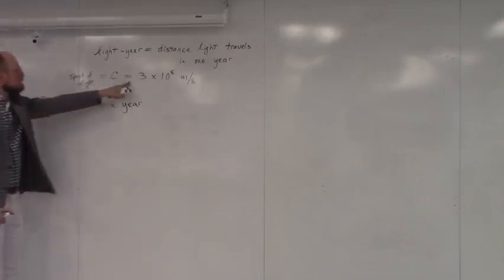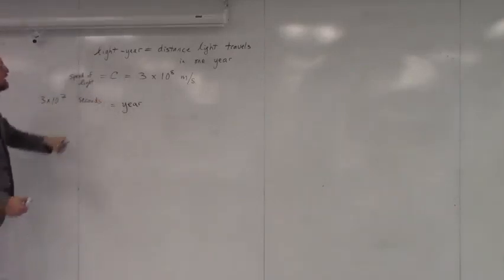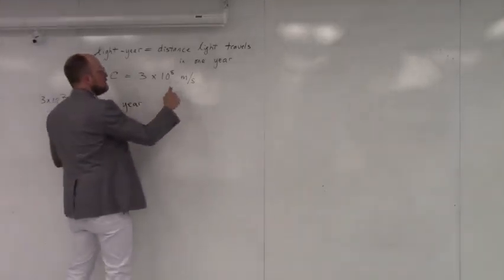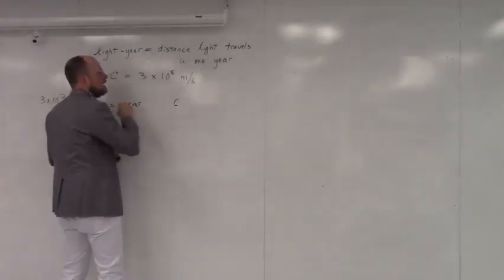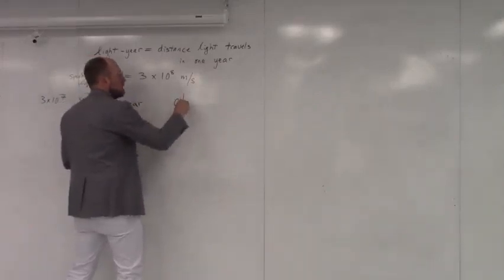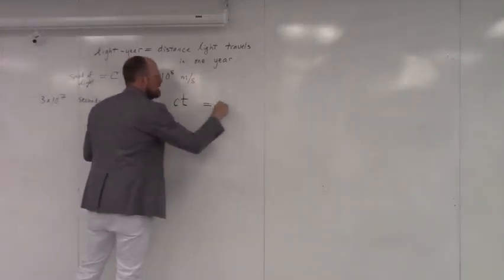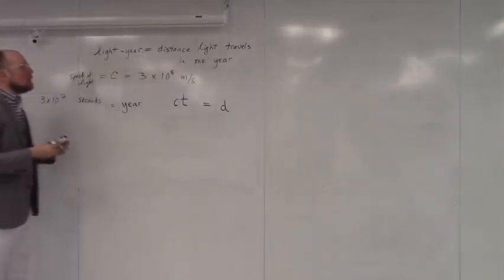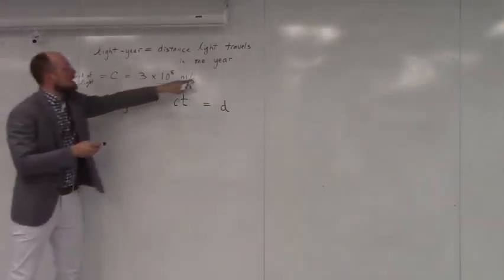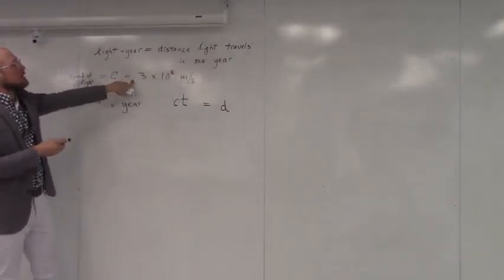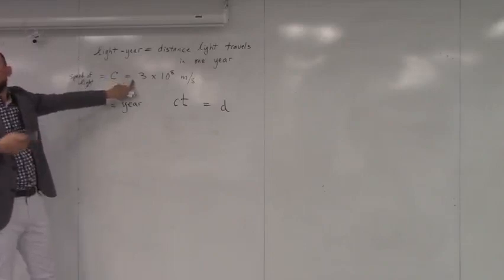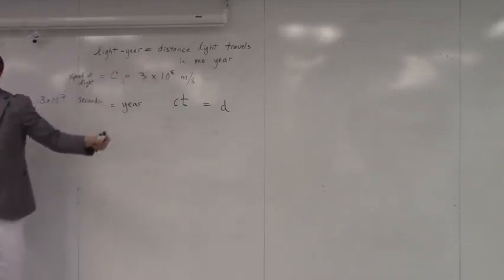If I know the speed of light and how long a year is, and I want to know the light year, I just take the speed, you call it c, and multiply by the time, you call it t, and that's going to be the distance. So if I did it for 1 second, I would take the speed, 3 times 10 to the 8, and multiply by the time, 1 second, and I would get 3 times 10 to the 8 meters, the distance between here and the moon.